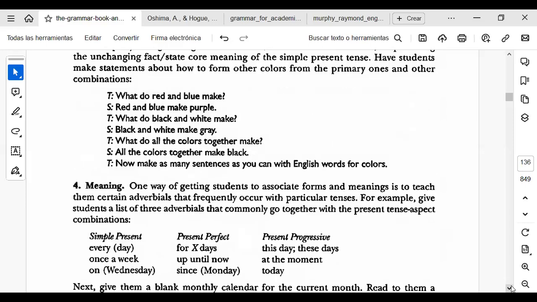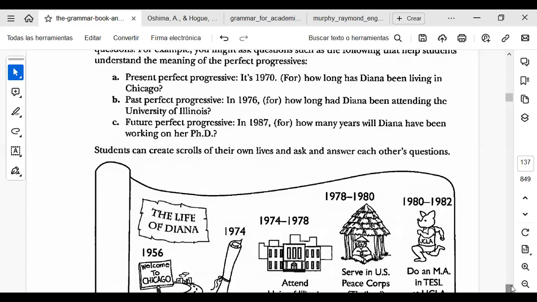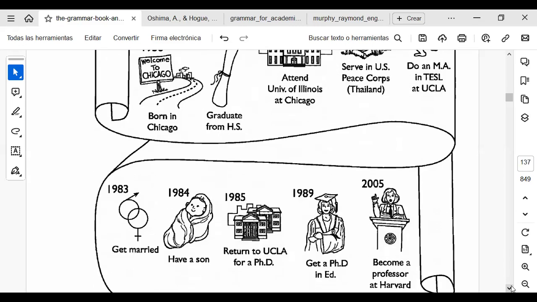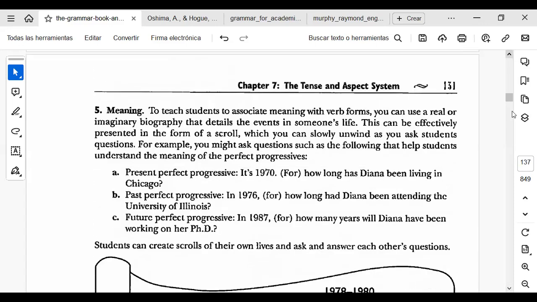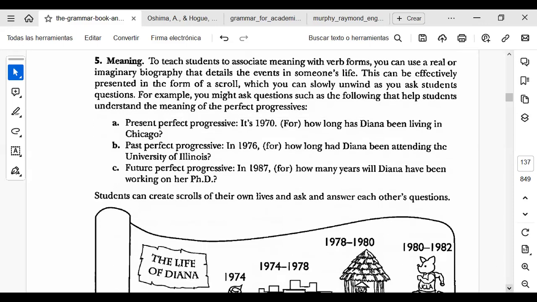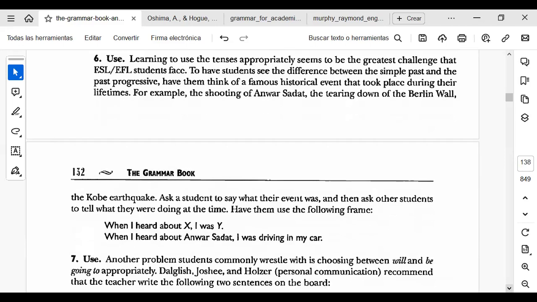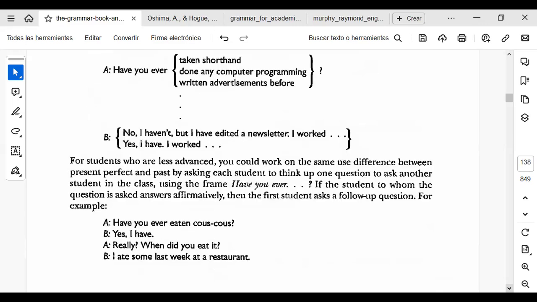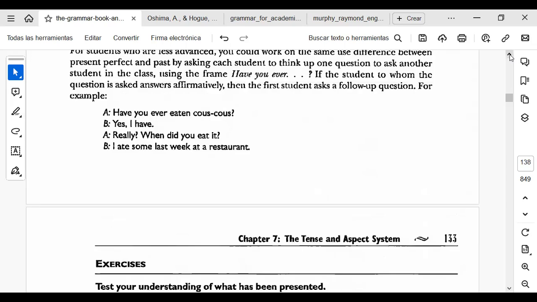There are very nice strategies to work with. For example, this one is very interesting to work the perfect tenses, the continuous perfect tenses, the meaning of the use of present perfect. And there you have, I think, 10 activities, or 8 activities, that you can use to work with.